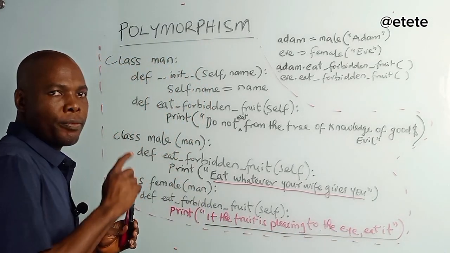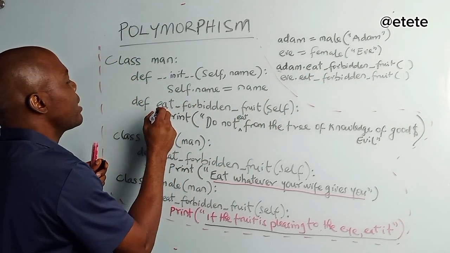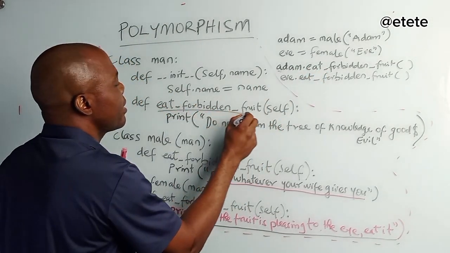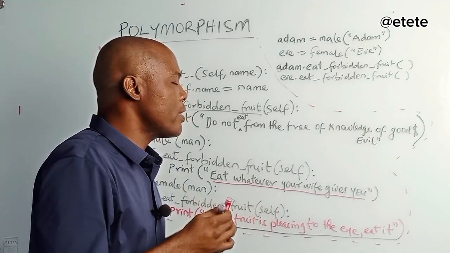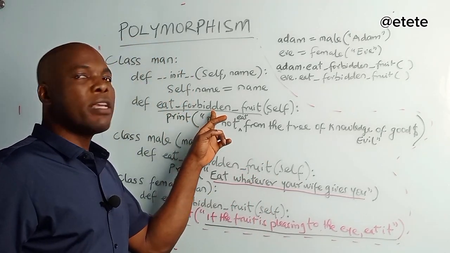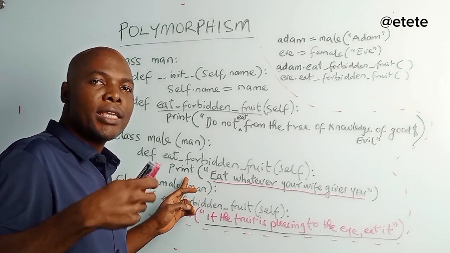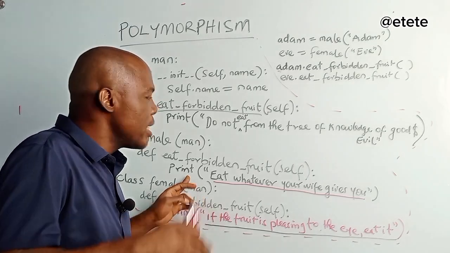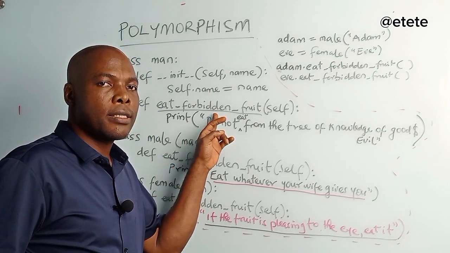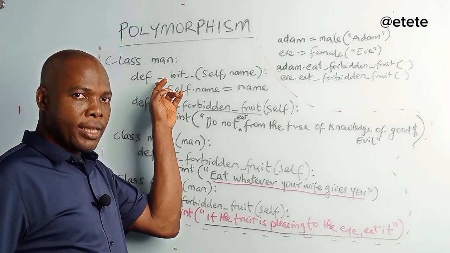Now, why? That means that this method inside the parent class, which is here, is polymorphic. That is simply it. Polymorphic is that this method allows the child class to implement whatever is in their own, not necessarily that of the parent class. These are children of this class, right?